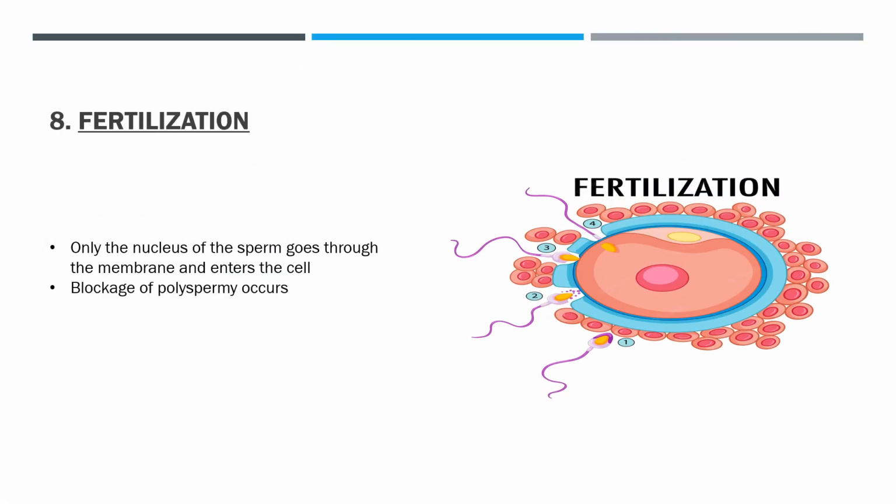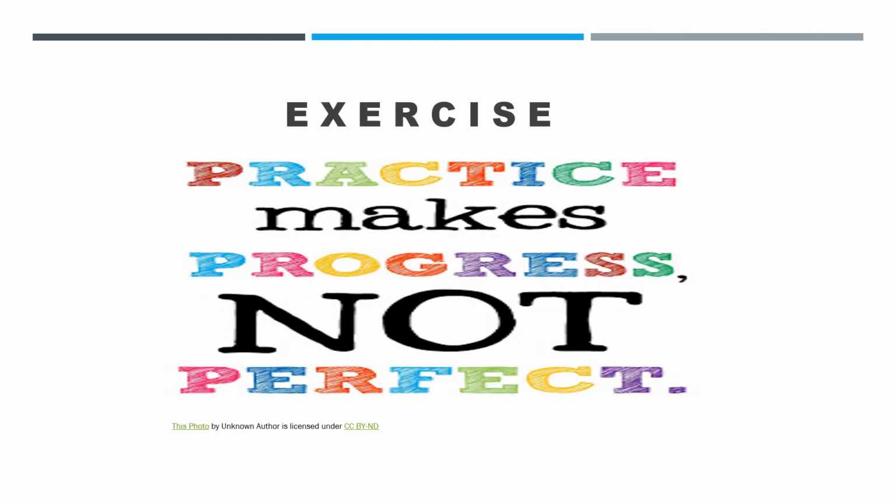The male pronucleus and the female pronucleus fuse together and form a single cell called the zygote. The zygote is the first cell of the new individual or the offspring. That is fertilization.